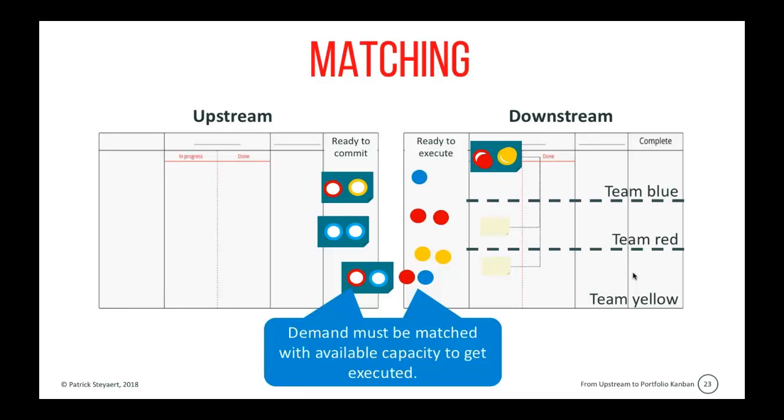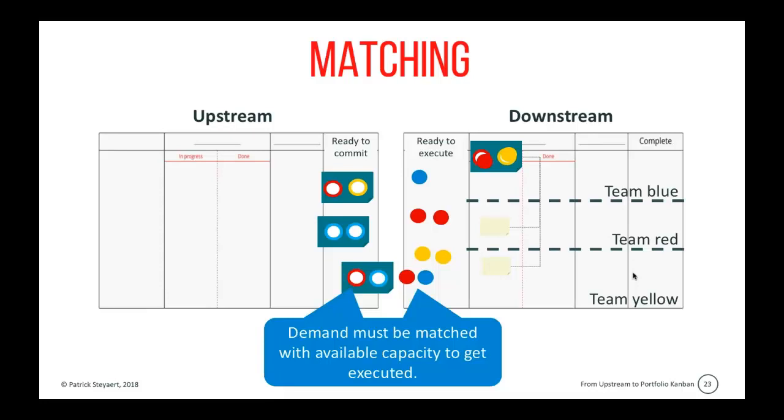And then the cap tokens in the ready to execute indicate capacity that is available that can be used to execute demand. So in this case, we can match the bottom request that needs red and blue competency with the available capacity of red and blue, because we have red and blue tokens available.